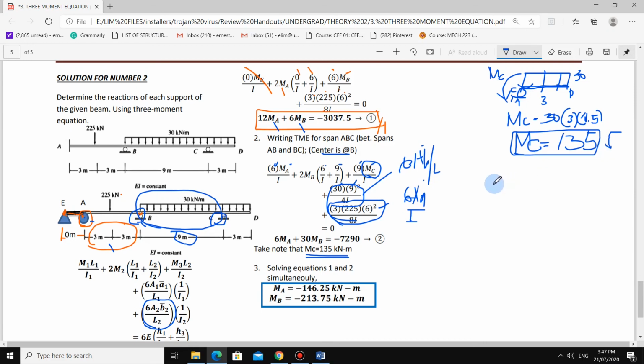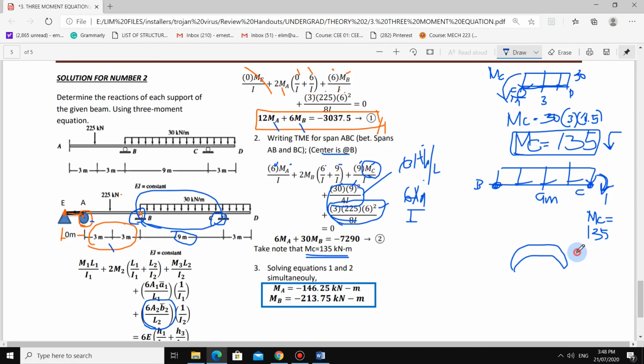But if we consider BC, with 9 meters, then since it is counterclockwise for CD, it should be clockwise when we reach BC. So it is a clockwise moment of 135. Counterclockwise will surely generate a negative moment.